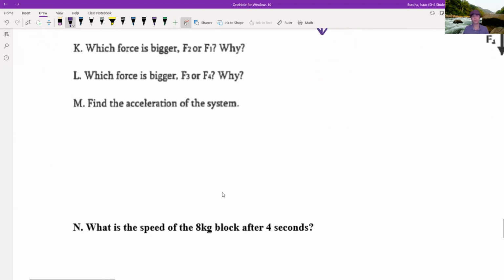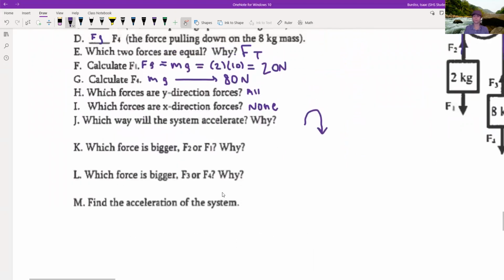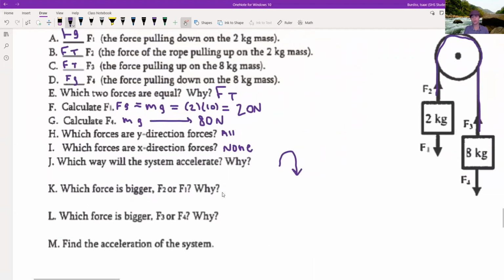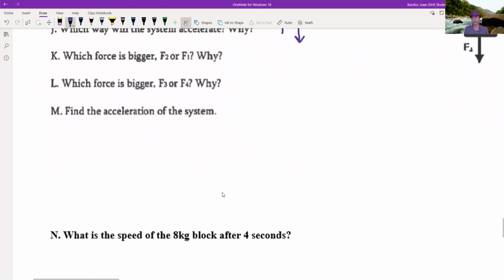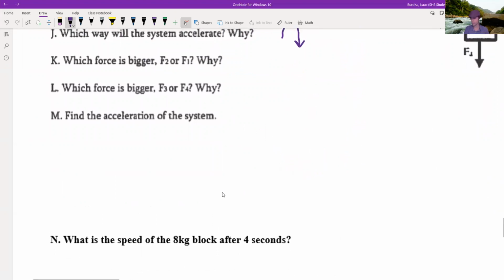Which force is bigger, F1 or F2? Why? F1 is the gravity, F2 is the tension. How do we know? The answer key says the smaller mass is less than the FT.